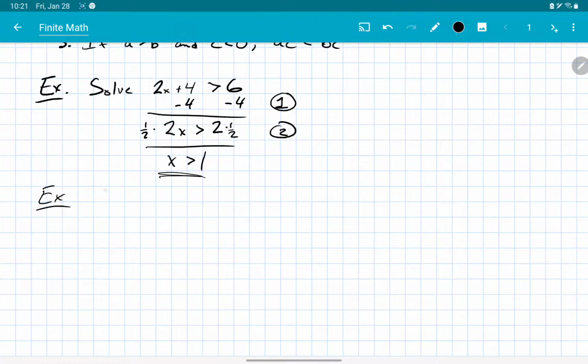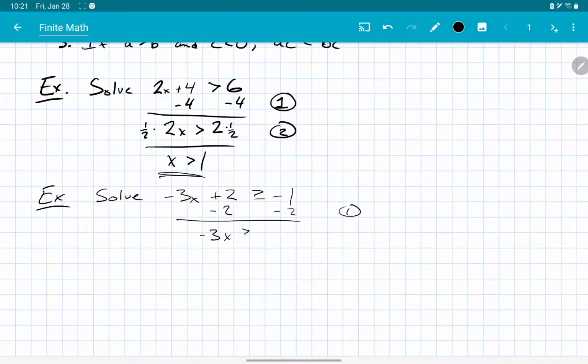Okay, how about solve negative 3x plus 2 is bigger than or equal to negative 1? We start again using property 1 by subtracting 2 from both sides. We get negative 3x is bigger than or equal to negative 1 minus 2, which is negative 3.